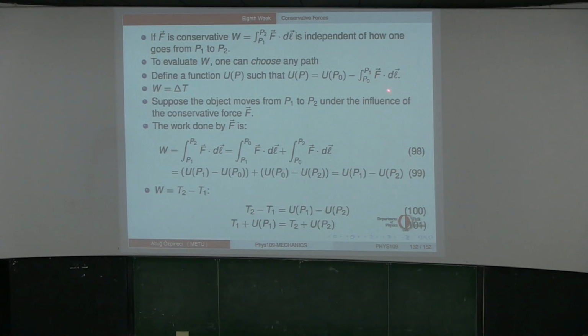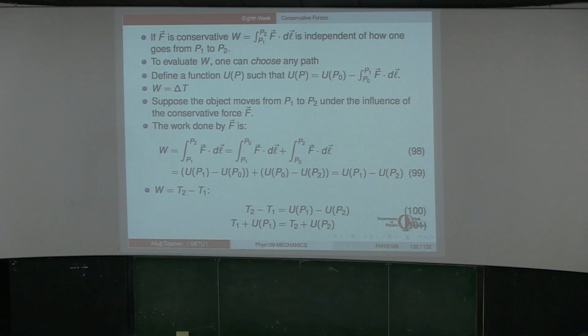So this thing over here, F, is related not to this mass, but to all the other parts of my system. Whereas this dl, the displacement, is because I am carrying this mass from here to there. So this mass is being displaced under the influence of the force created by the other parts of my system. And hence this definition, this integral, is a property of the whole system.